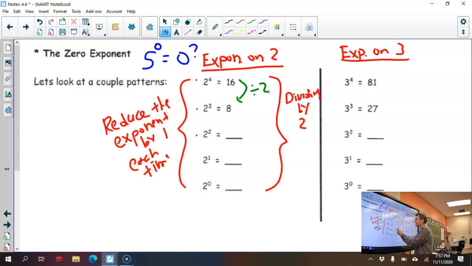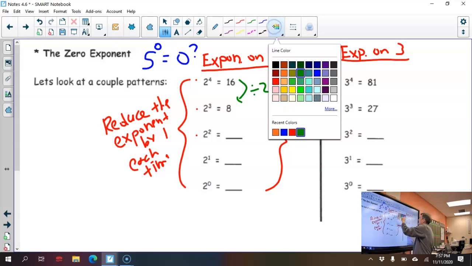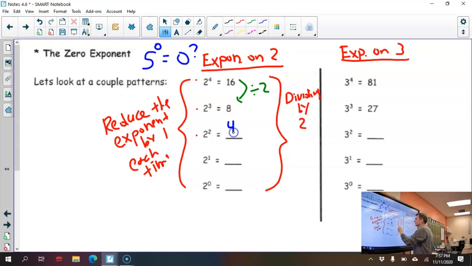Now, what's 2 to the 2nd? Well, 2 to the 2nd is 4, right? Again, I divided by 2. And what's 2 to the 1st power equal? Well, it equals 2, right? Again, 4 divided by 2 is 2. So if I keep this pattern going, what does 2 to the 0 equal?